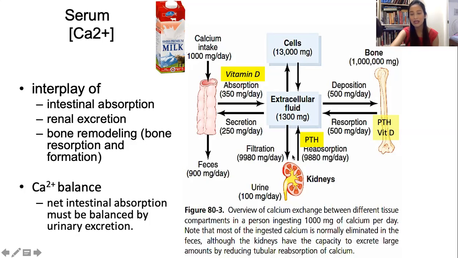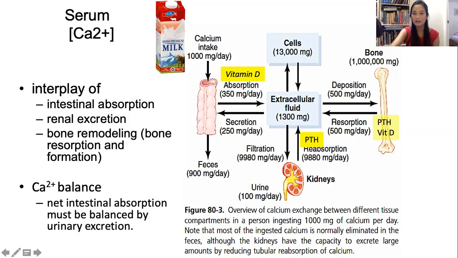So essentially, the net excretion of your calcium through your urine will be only 100 milligrams per day. Okay, so you excrete 900 milligrams per day in your feces and 100 milligrams in your urine, so that's about the same as what you took in orally.